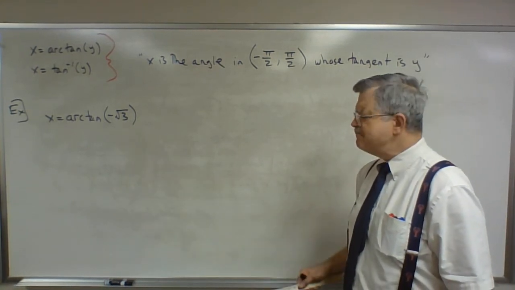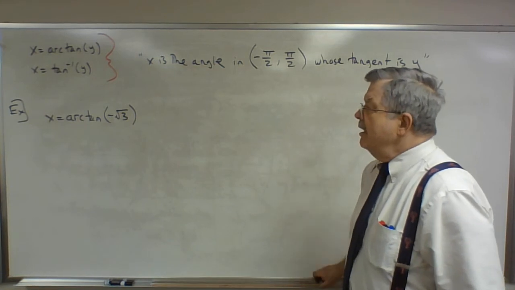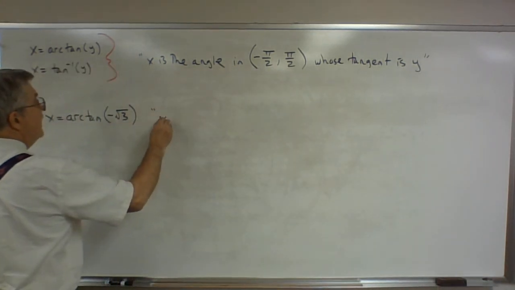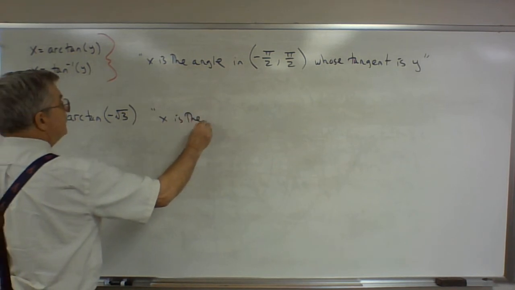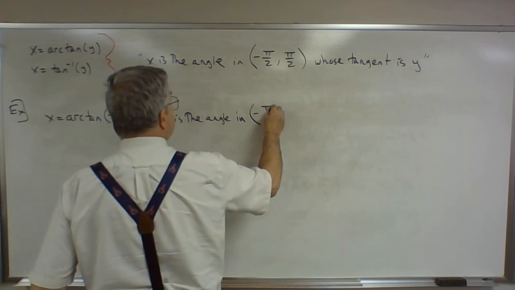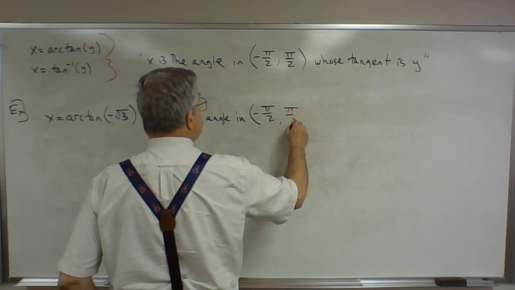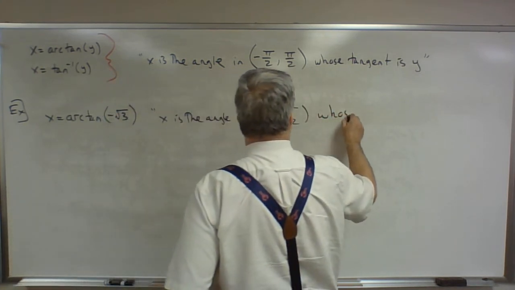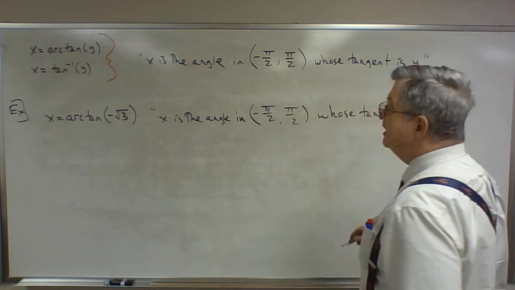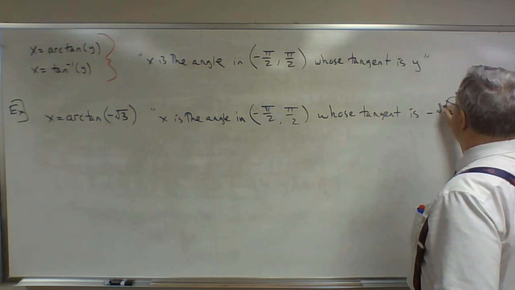We're doing this one. X is the angle in the open interval negative pi over 2 to pi over 2, whose tangent is negative square root of 3.